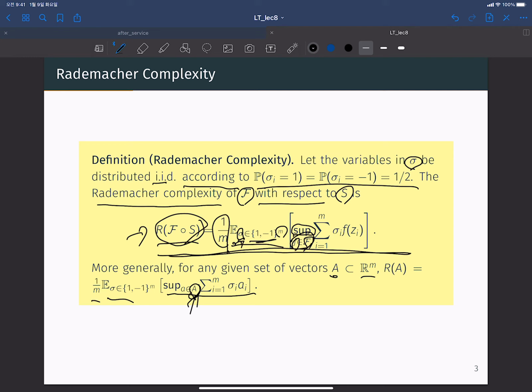In other words, when the Rademacher complexity is very high, then we should be careful about a high generalization gap.